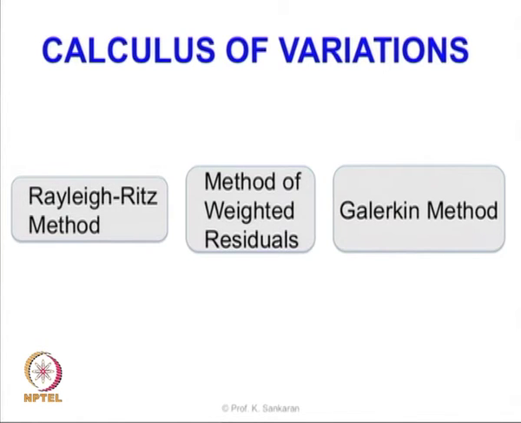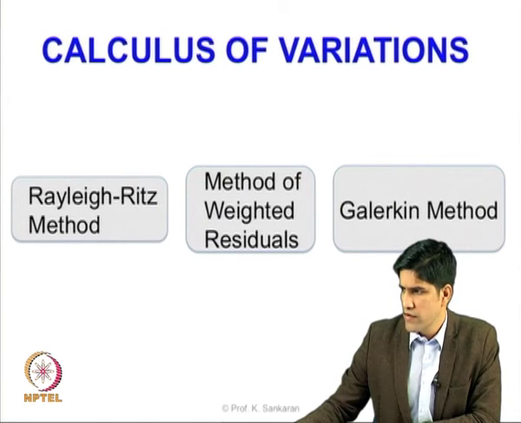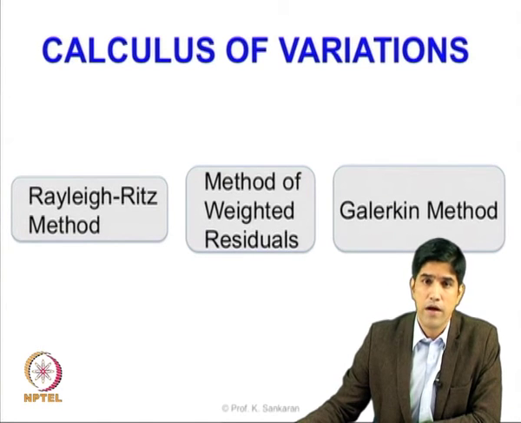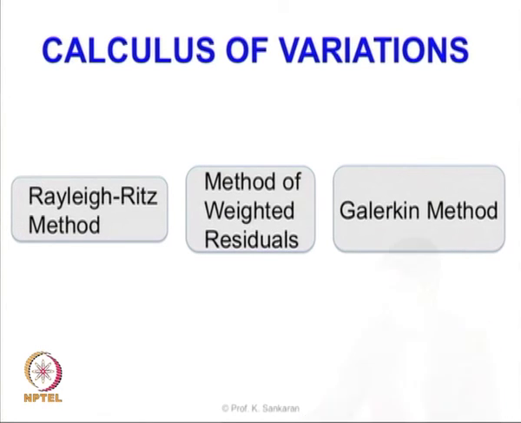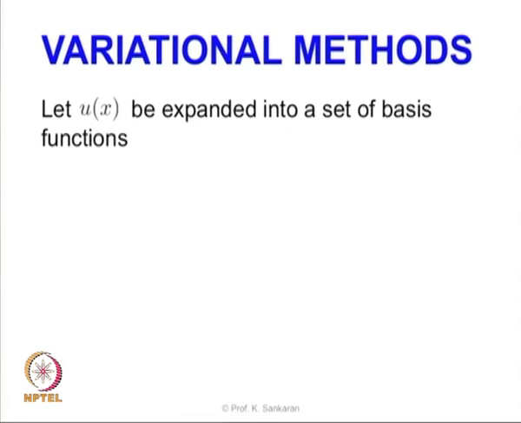So let's assume that we are interested in an unknown function represented by u of x. This u of x can be expanded using a set of basis functions which we call v of n.